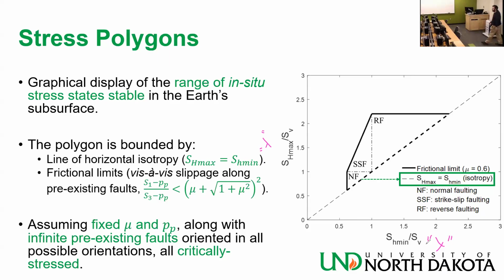When I refer to Y, it is SH max over SV. In my Excel spreadsheet, I will just say a series of X from 0 to 3, a series of Y from 0 to 3. That's all I need. And I plot it. So I get the dotted diagonal.